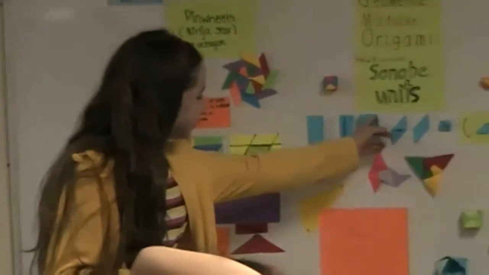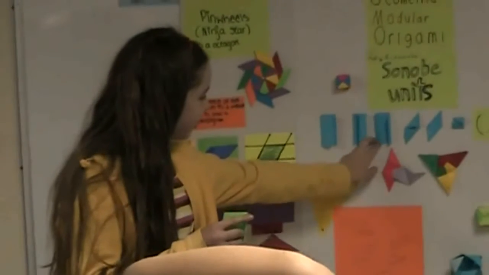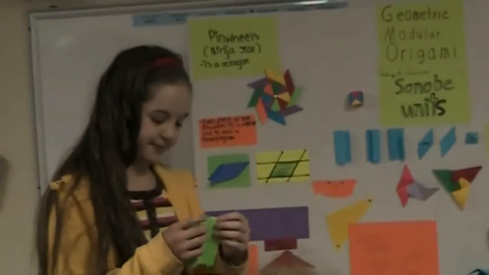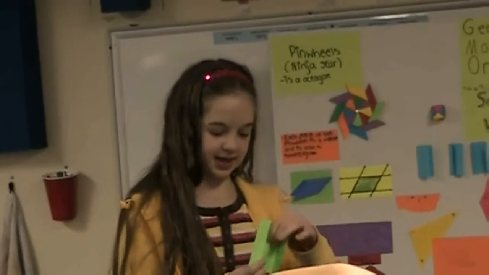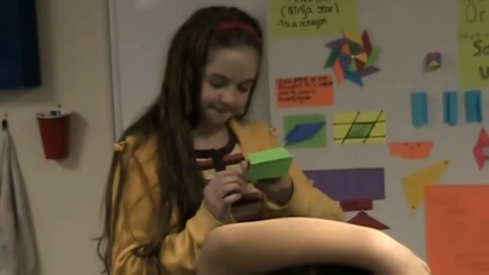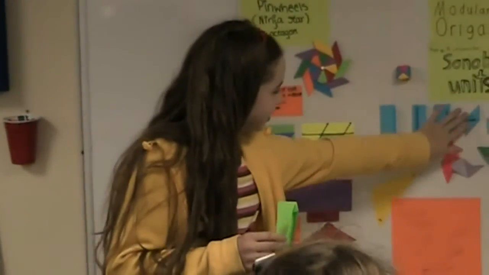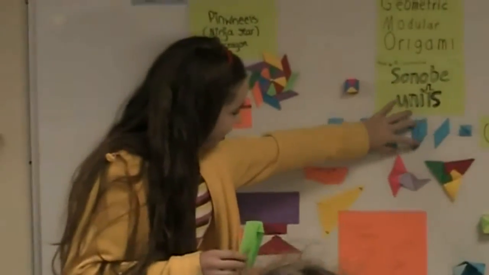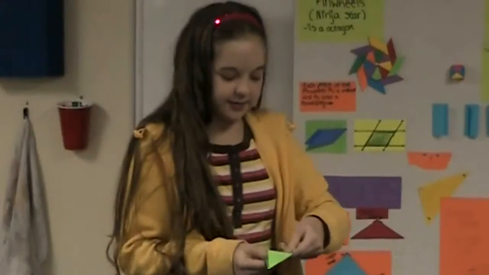And now we're going to take the corners and make these small angles here. And here. And then we're going to make big ones like this. We'll make a parallelogram.